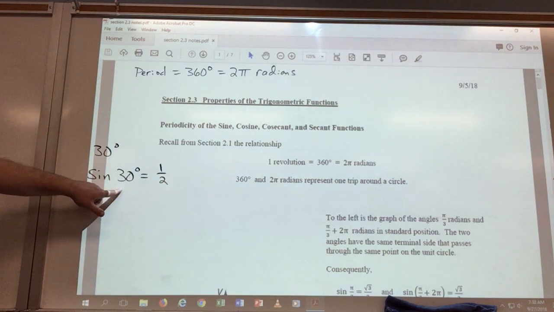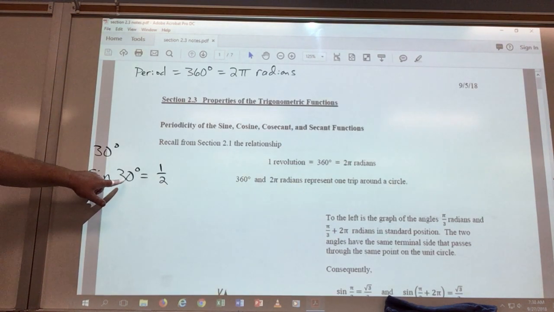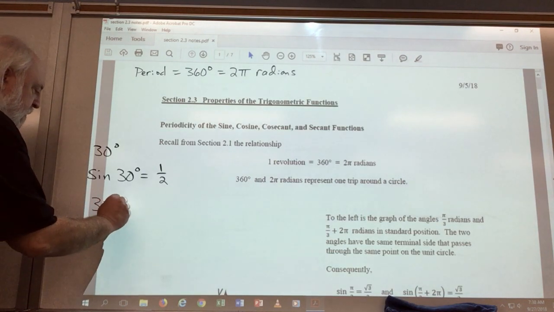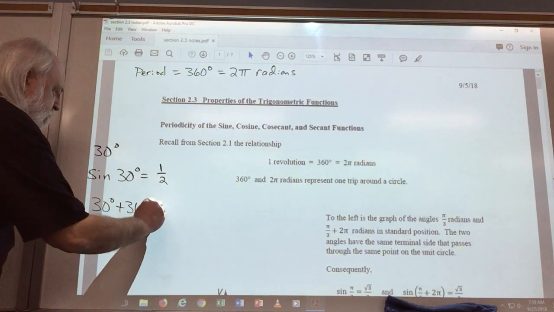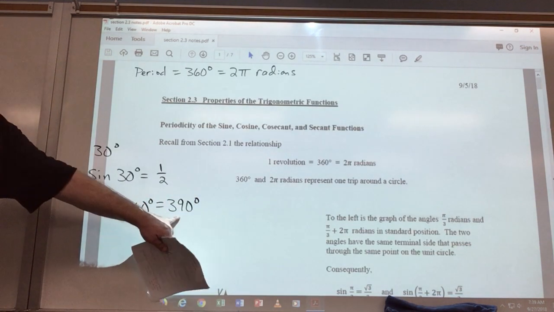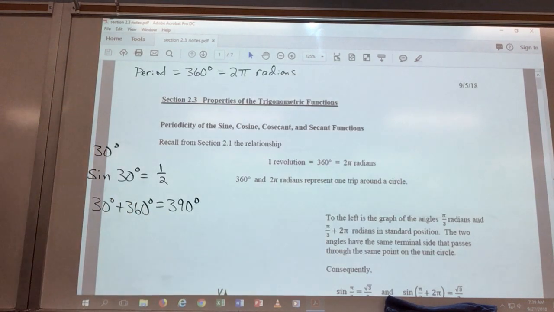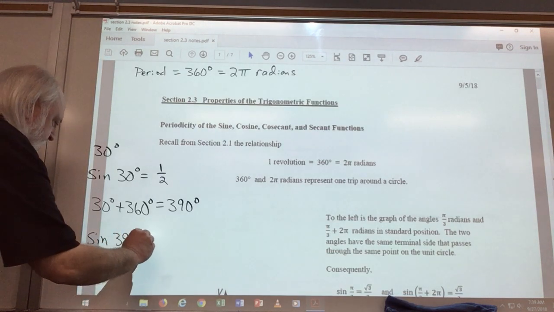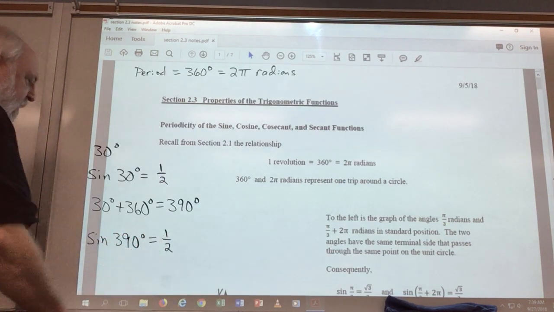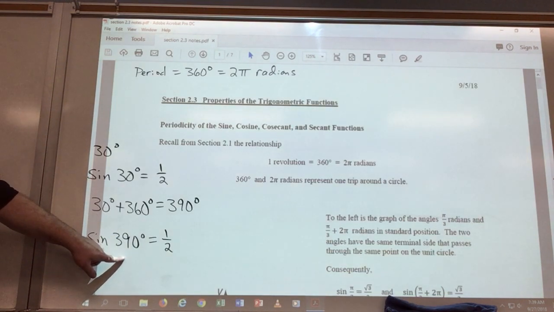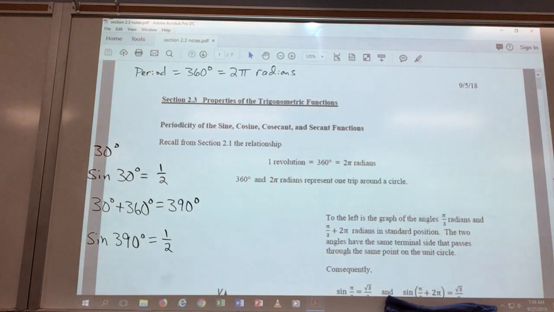Because the sine function has a period of 360 degrees, if I add 360 degrees to 30 degrees, I get the angle 390 degrees, and the sine function doesn't change its value for that angle. The sine of 390 degrees is also equal to 1/2.